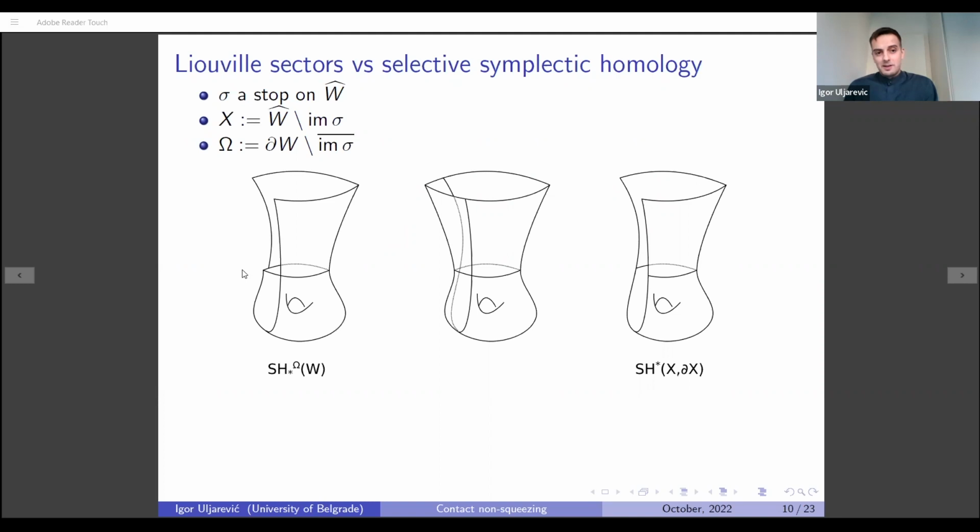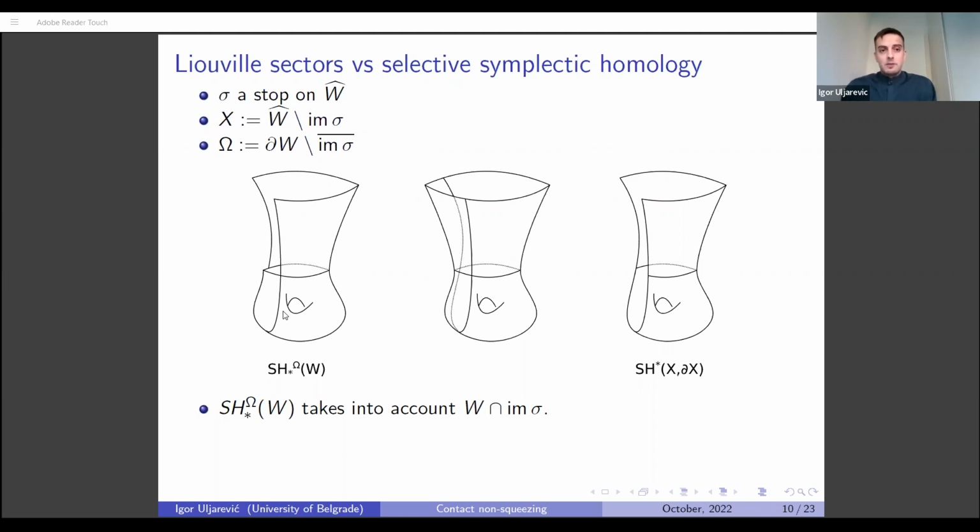So the key part is a part of W, the compact part of the completion that intersects the image of the stop. So it is an interesting question under what conditions those two theories actually coincide.